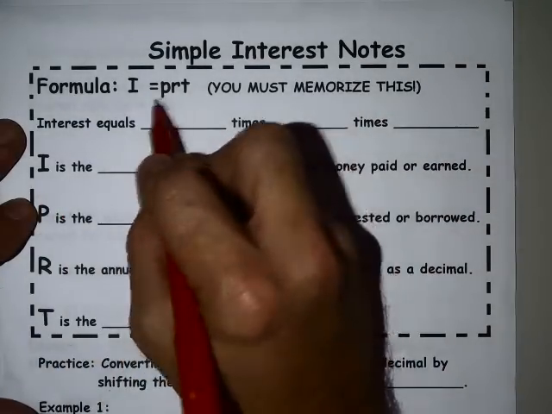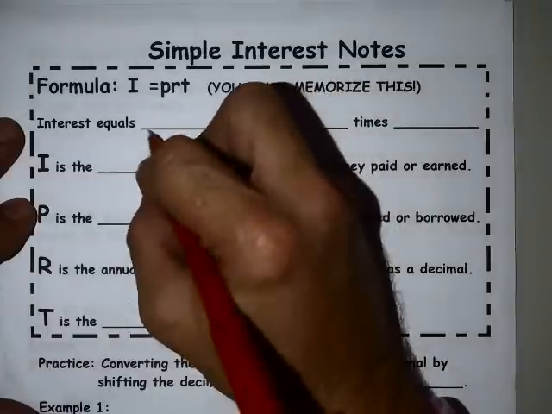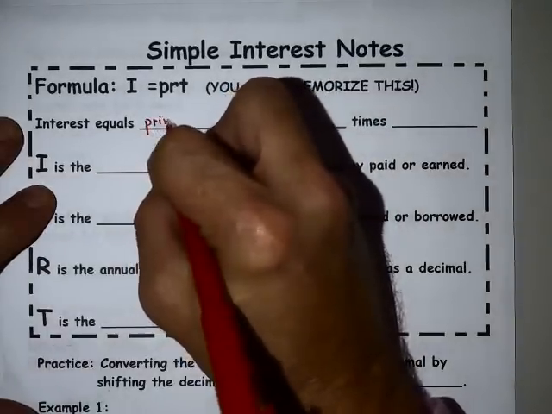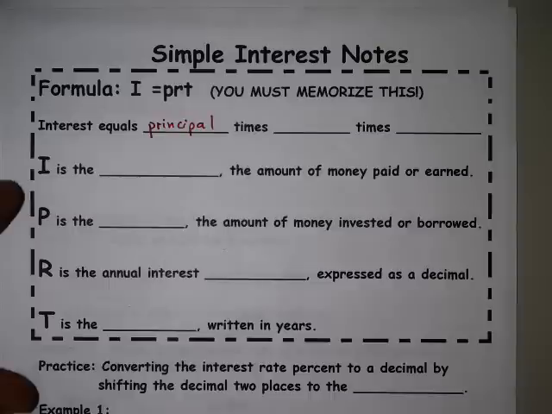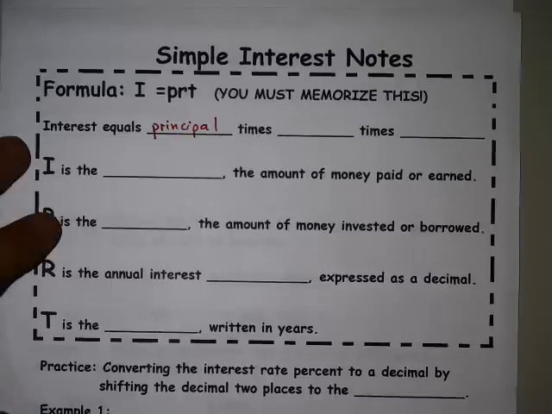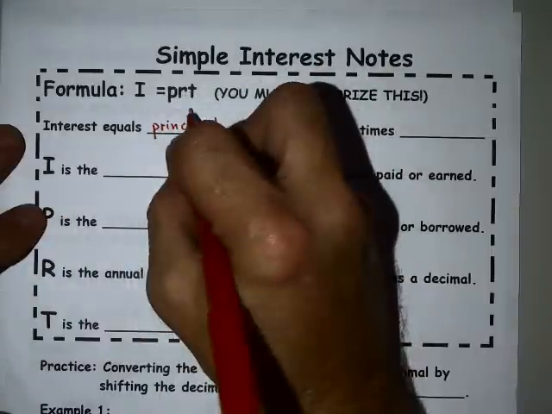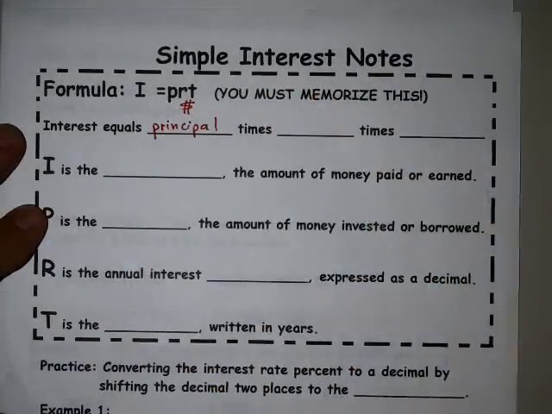So we need to know what these three things stand for. The P stands for principal. No, we're not talking about Mr. Duran. This is one of those words that has a double meaning. Principal stands for the money. Okay, so that's the money.